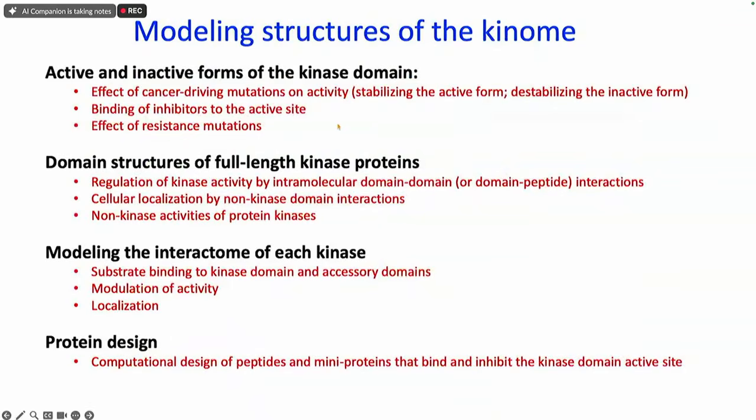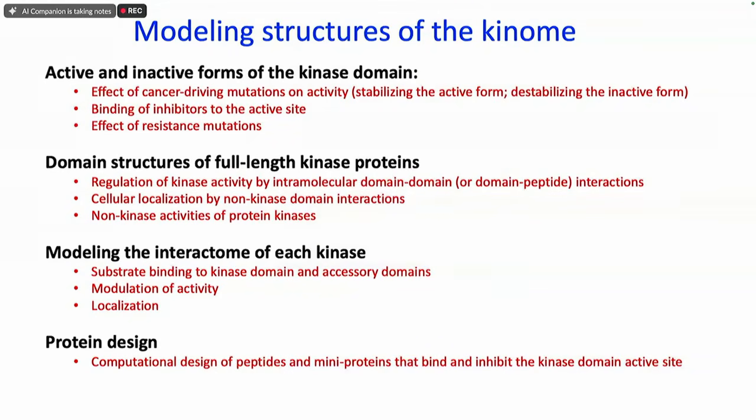So the topics I'm going to cover and the things that we are working on is, first of all, to think about what makes the kinase active or inactive. And we want to know that because in a lot of cancers there are mutations in the kinase domain that make the kinase constitutively active. It's always active. And many of the drugs that people take for cancer bind to inactive forms of the kinase, or they may bind to active forms of the kinase.